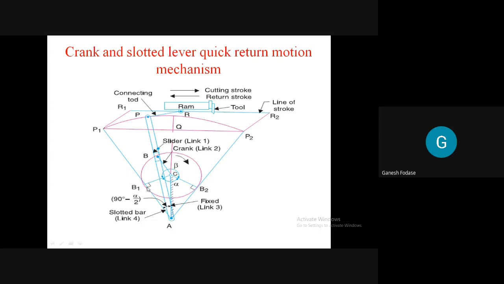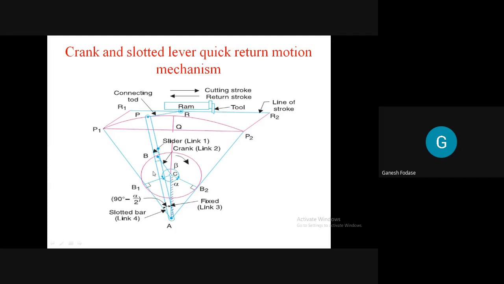Now tell me, when this crank is moving from AB1 to AB2, what about the next positions of the links? The crank is moving from this B1 to B2. You observe carefully, when this crank is moving from B1 to B2, this P1, which is here, this link AP, is moving from P1 to P2. So it travels a longer path.